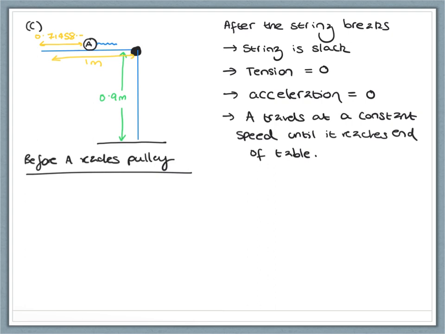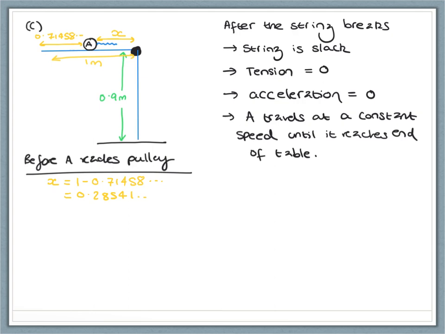Because A started off 1 metre away from the pulley, we can then work out this distance here, the distance left to travel before it reaches the pulley. So that's 1 take away 0.71458, which gives us a value of 0.28541. We won't round that value for the moment.